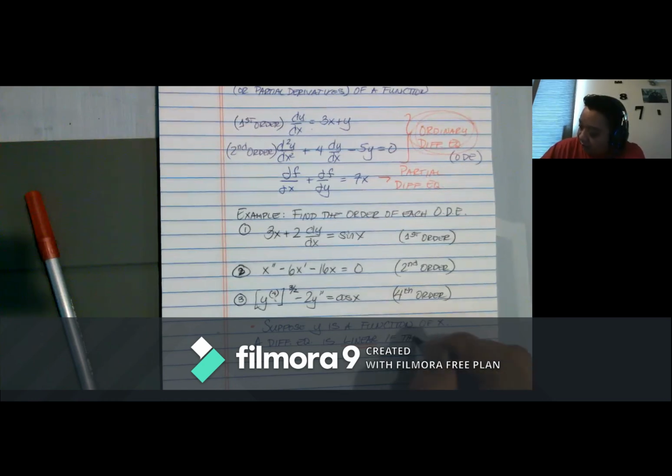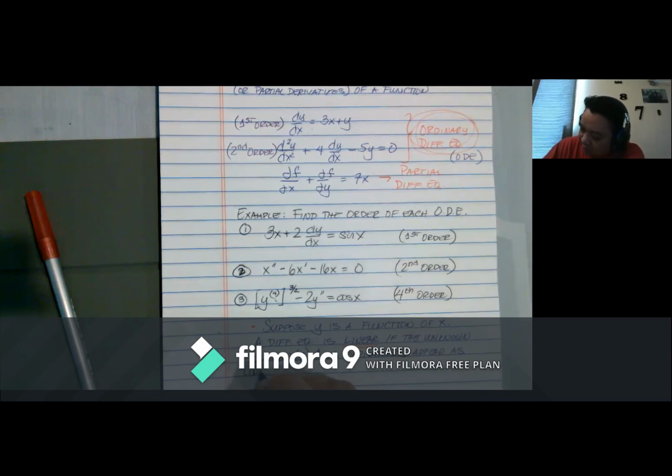the unknown function, which in this case is y, and its derivatives, okay, appear as linear functions.